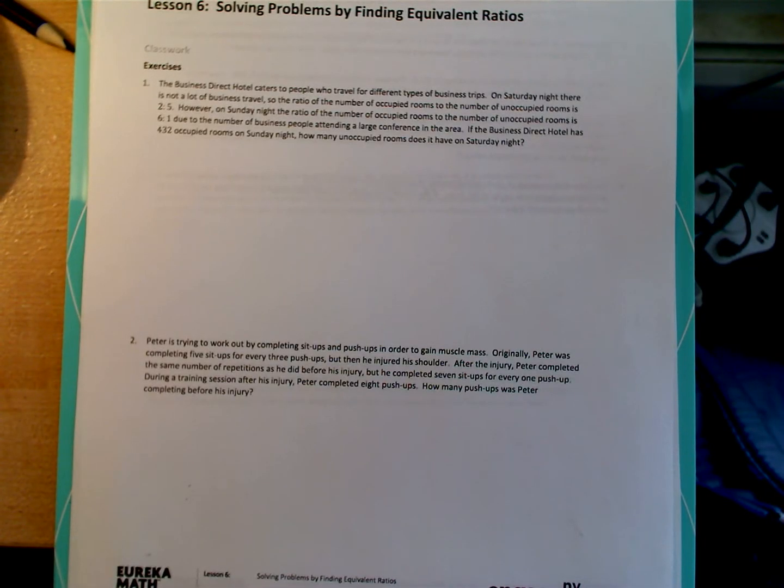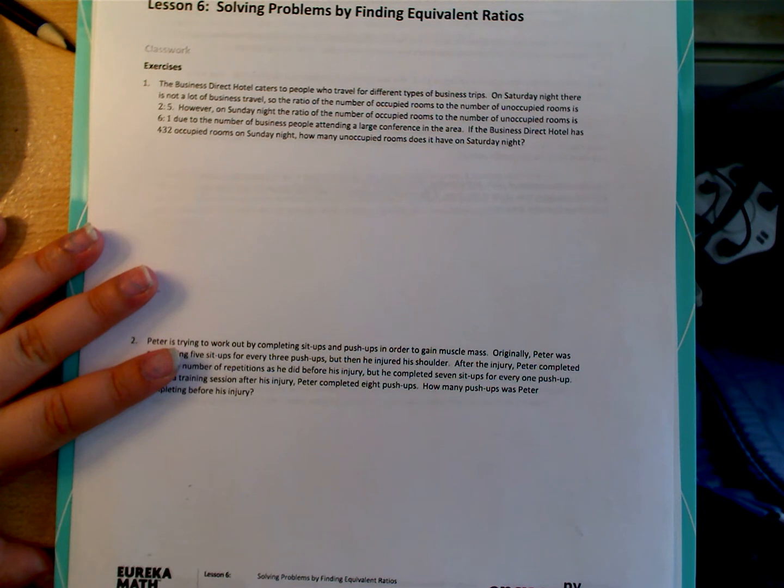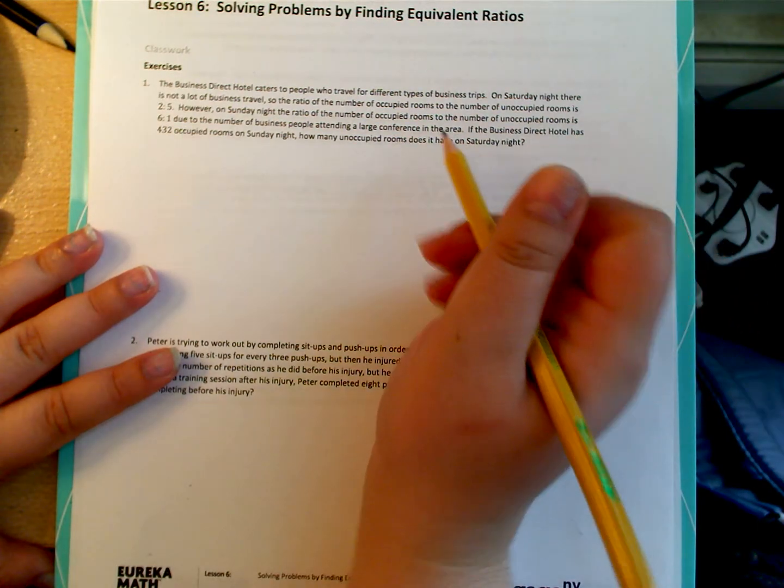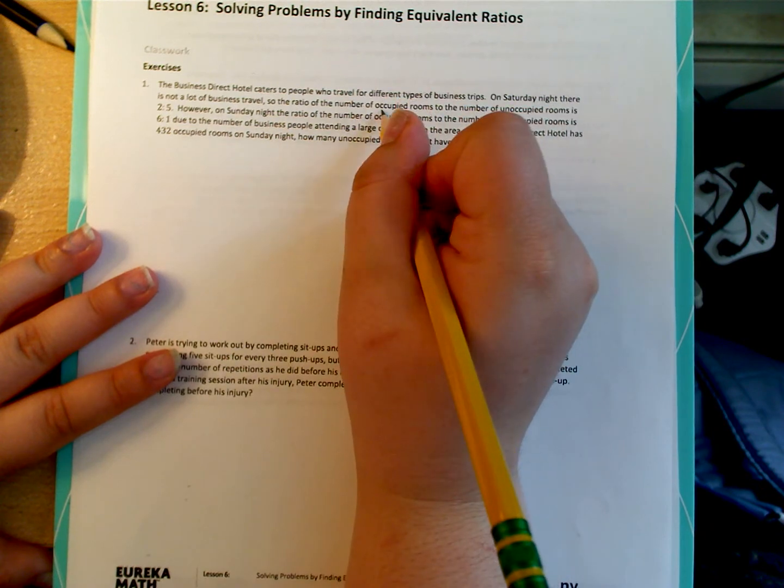The business district hotel caters to people who travel for different types of business trips. On Saturday night, there is not a lot of business travel, so the ratio of the number of occupied rooms to the number of unoccupied rooms is 2 to 5.